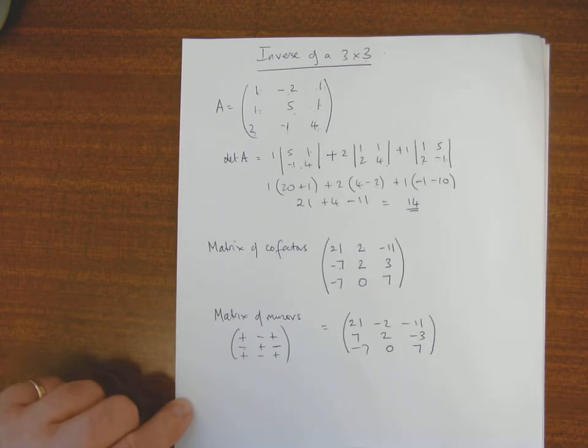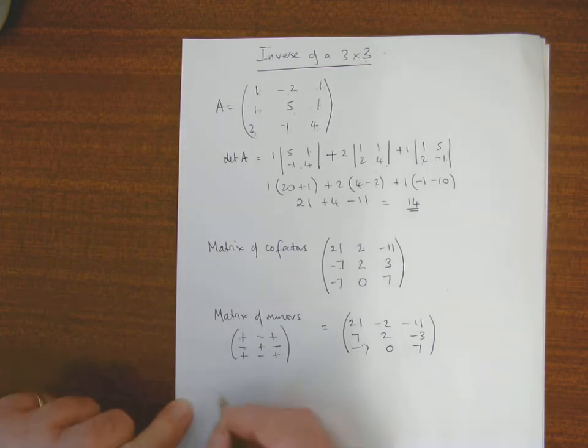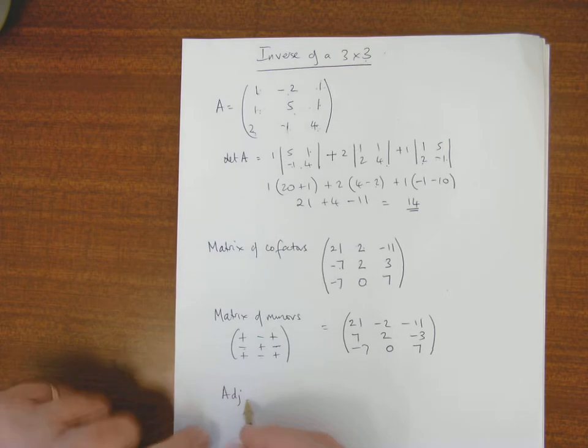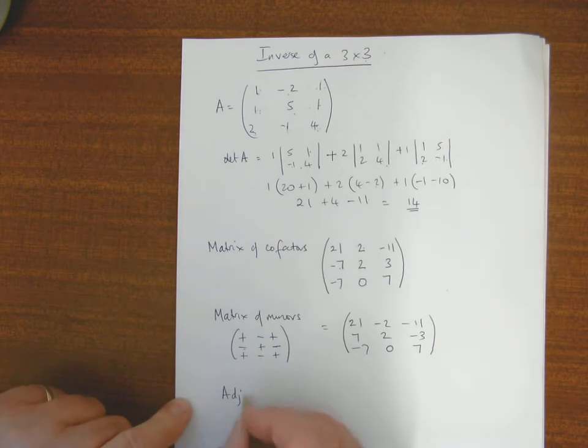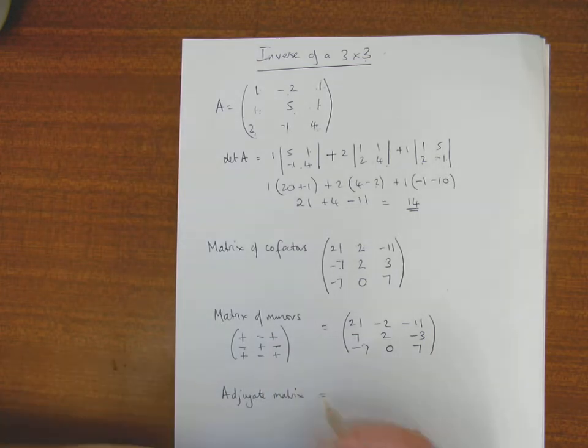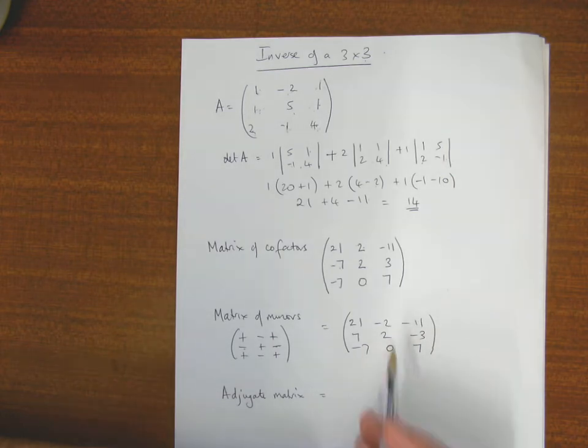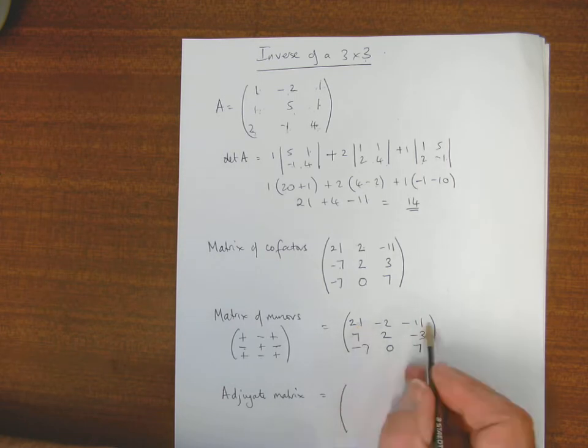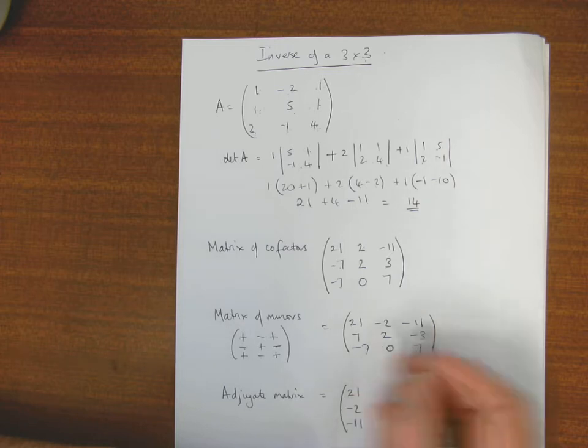And then we define what we call the adjugate matrix. Some people call it the adjoint, or adjugate. So for the adjugate matrix, I transpose this matrix. When you transpose a matrix, your rows become columns. So this row, 21, minus 2, minus 11, gets written as a column.